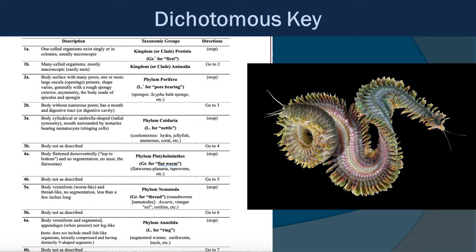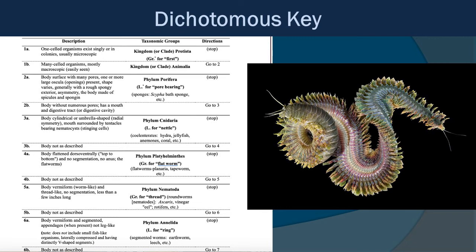So now we're going to go to the next set of 2 questions, 2A and 2B. 2A says the body surface with many pores, one or more large oscula or openings present, shape varies, and generally with a rough spongy exterior. Okay, that doesn't look like us at all. Now let's go to 2B.